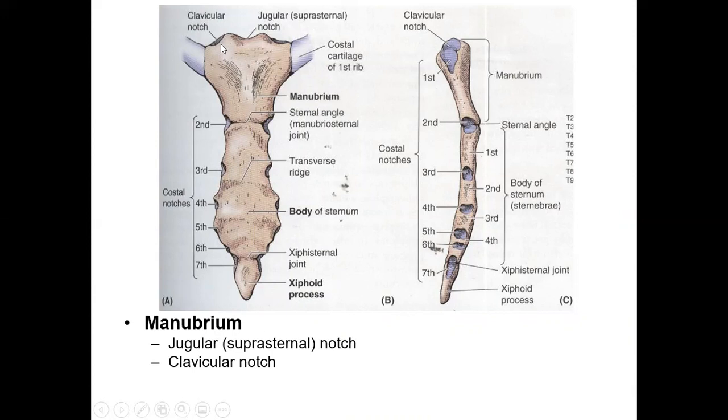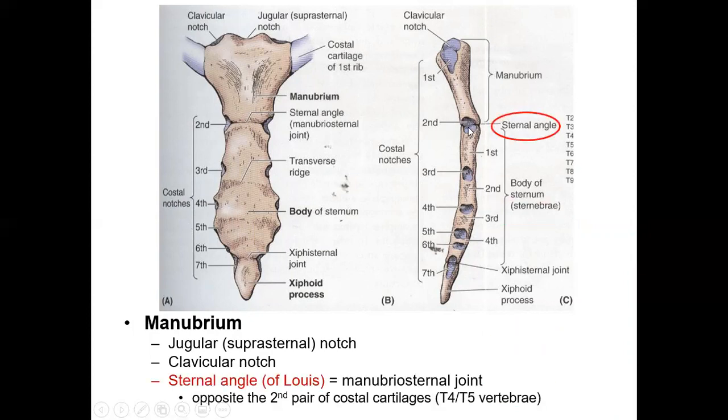The characteristics of the manubrium of the sternum: it has a jugular or suprasternal notch and also the clavicular notch. The clavicular notch articulates with the clavicle. This is the sternal angle. What is the sternal angle actually? The sternal angle of Louis is a joint between the manubrium and the body of the sternum, or the manubriosternal joint.